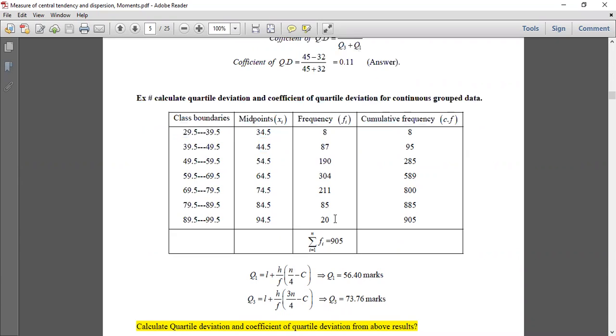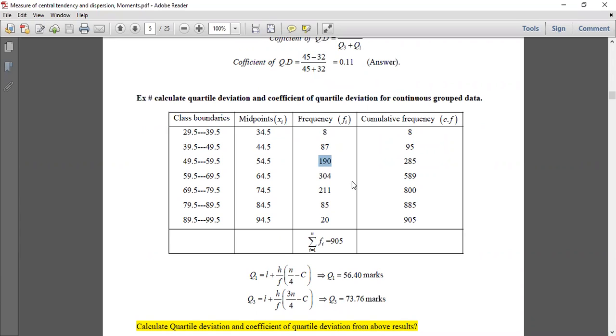F is the frequency, right? F is our frequency, so f will be 190. What frequency lies in this particular class boundary? So f will be 190. I am repeating the value.